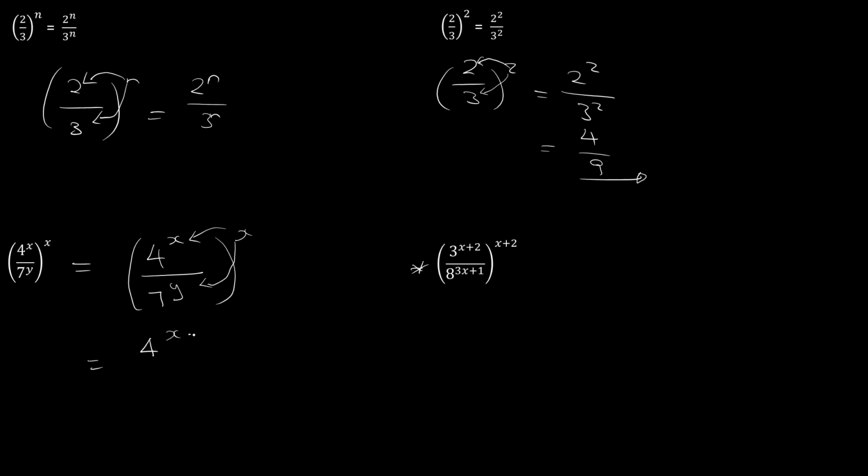When we take the x here, we have 4 to the power of x times x, all over 7 to the power of y times x. And this is equal to 4 to the power of x squared, over 7 to the power of xy.